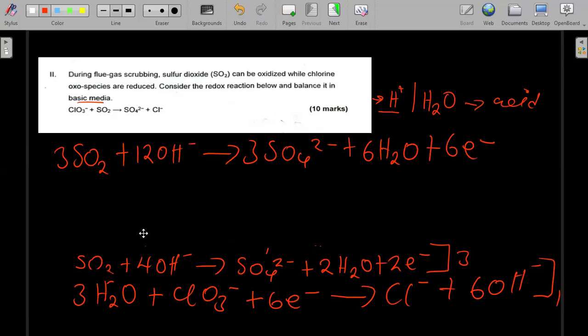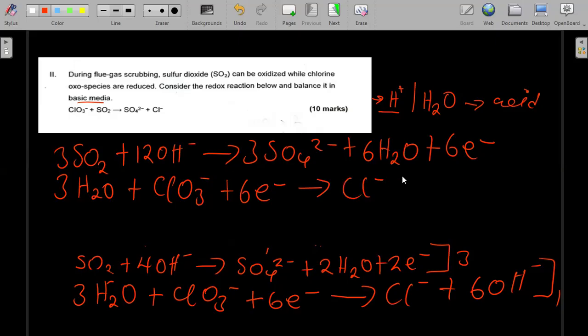Then here when you multiply with 1, we are going to get the same one, which is 3H2O, plus ClO3 minus, plus 6 electrons, giving us Cl minus plus 6OH minus there.